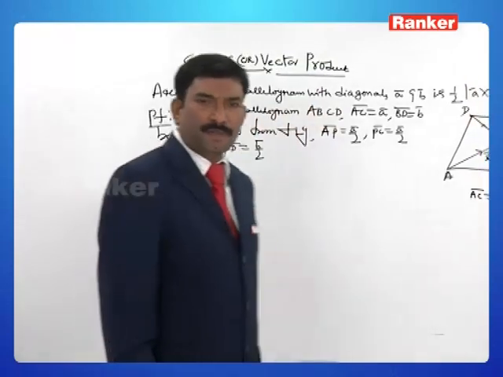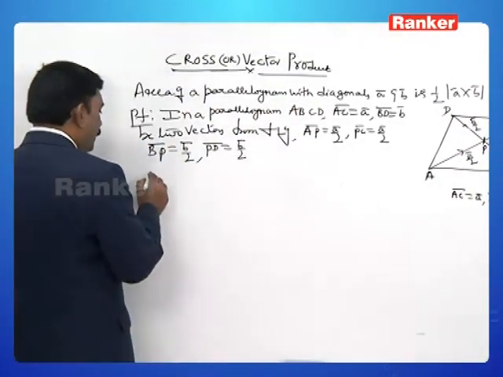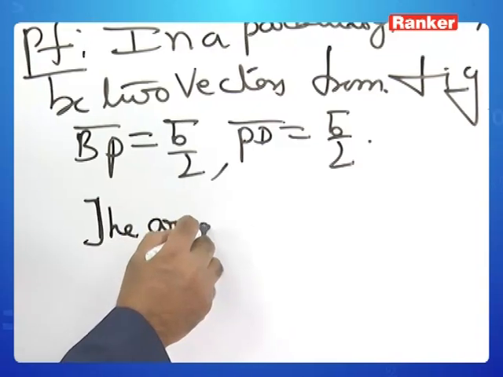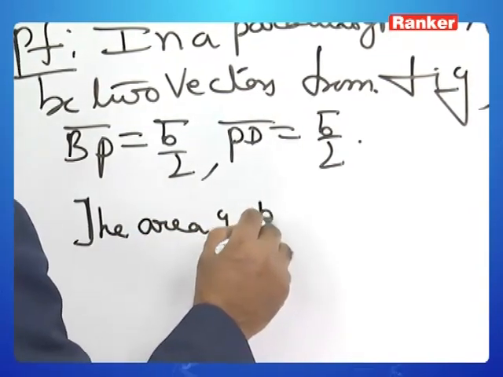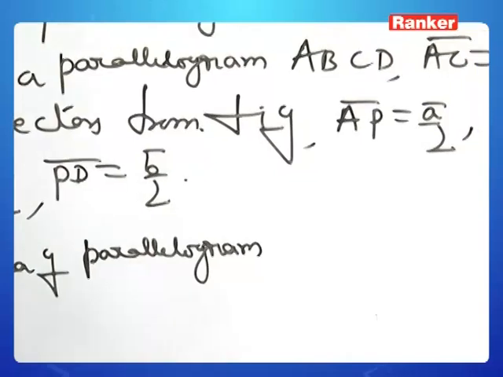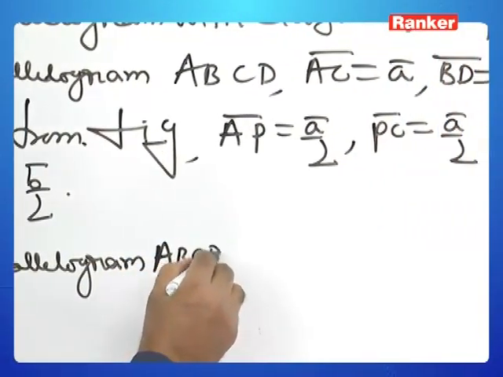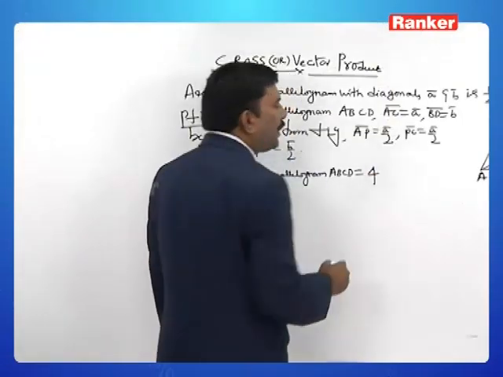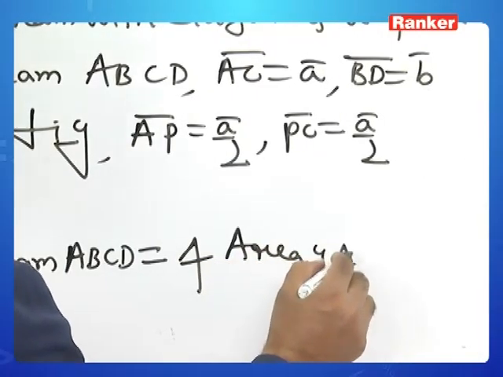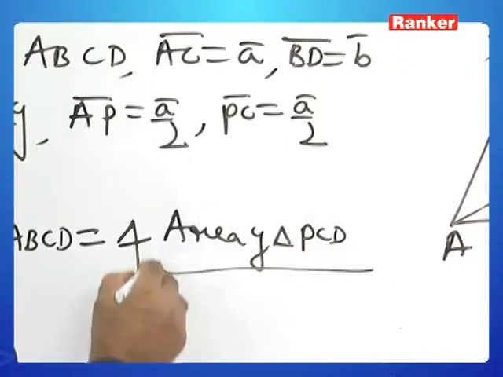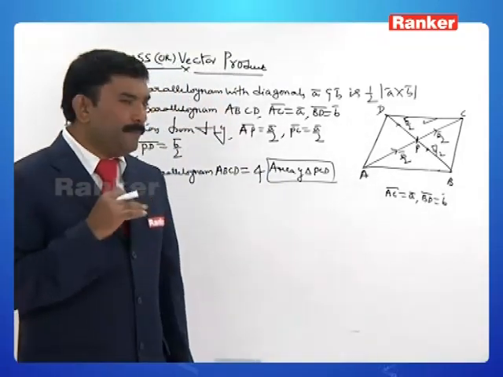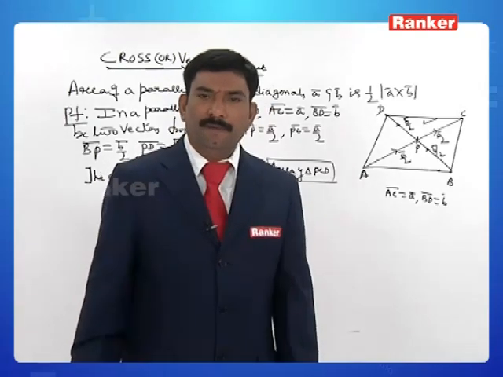So I can write the area of parallelogram ABCD is equal to 4 times the area of triangle PCD or PAD or PAB or PBC.